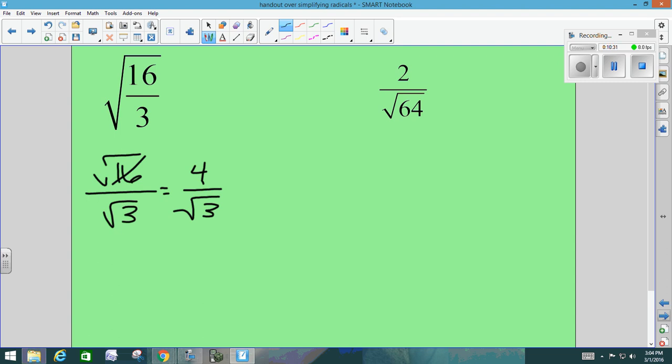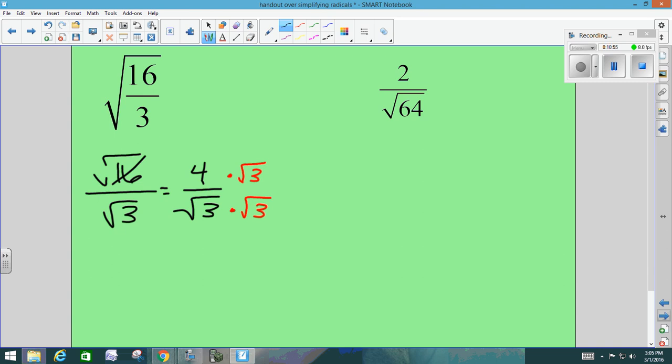We can't have that. So here comes the rationalizing step. You multiply by the square root that's in the denominator in both the numerator and the denominator. When you have a square root in the denominator, it makes an irrational number, so we're going to do the reverse. We're going to rationalize this number.